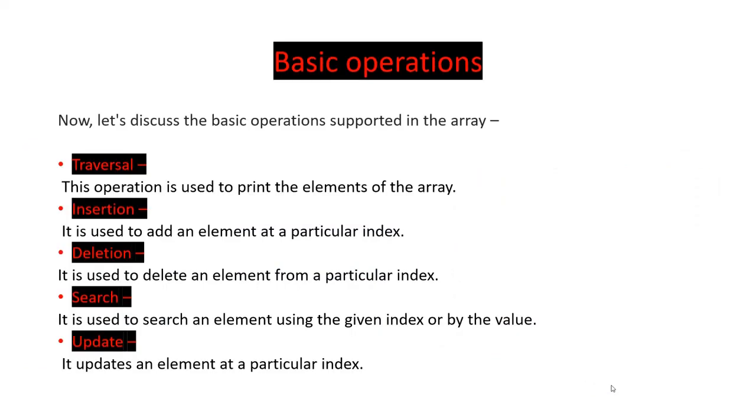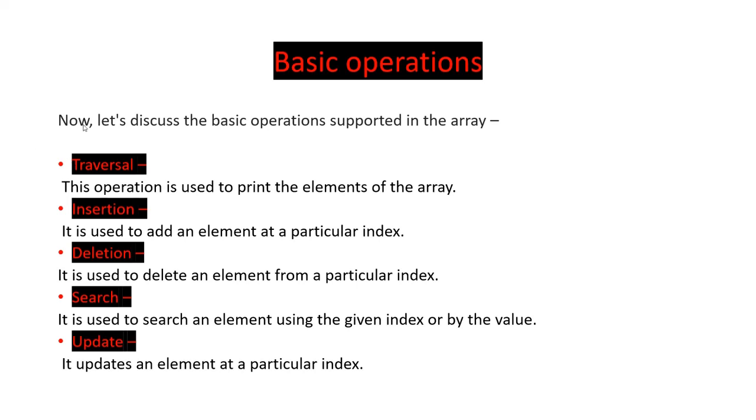Some basic operations that can be performed on arrays are traversal operation, insertion operation, deletion operation, search operation, and update operation. Firstly, the traversal operation is used to print the elements of the array. The insertion operation is used to add an element at a particular index in an array.